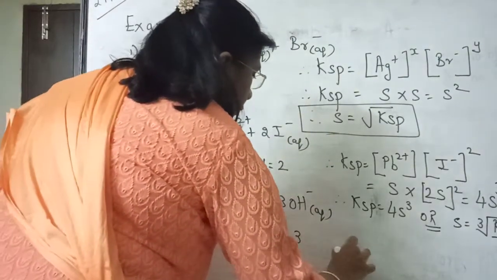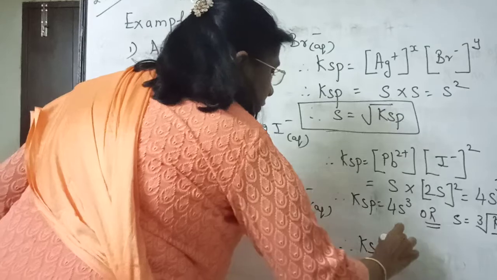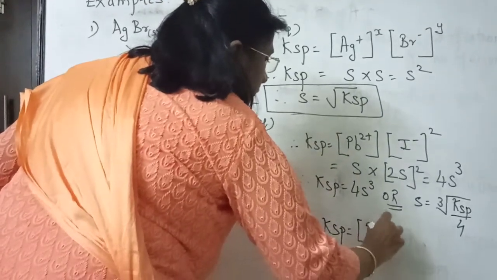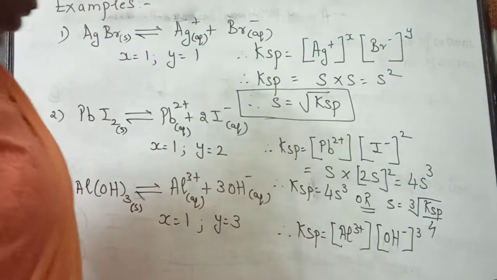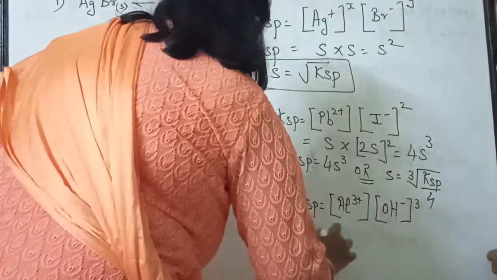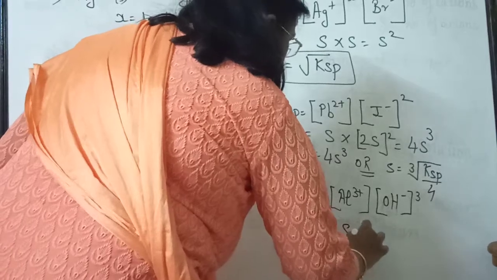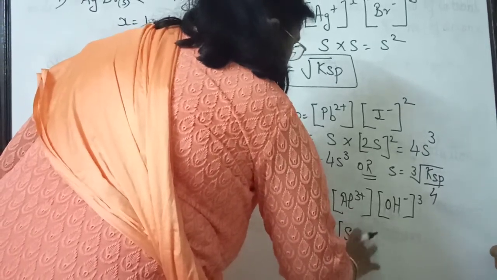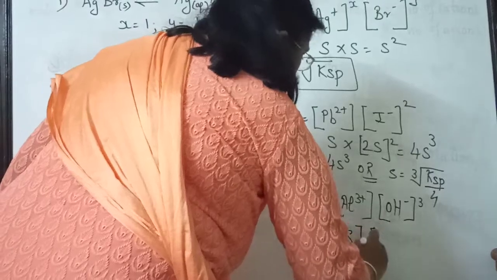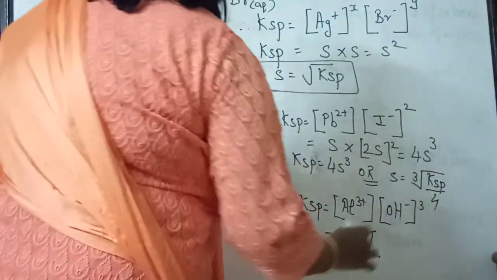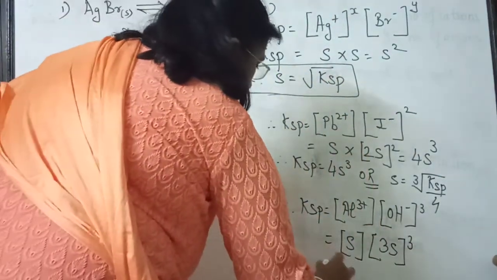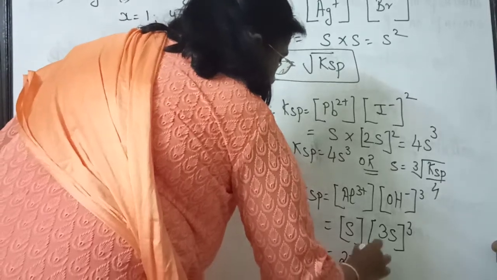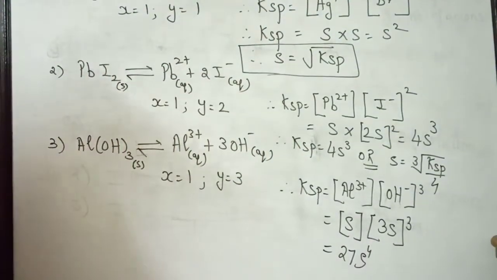Therefore, Ksp will be equal to concentration of Al3+ into concentration of OH- raised to power 3. So that will be equal to S into (3S) cube, and that will give you 27S raised to 4.